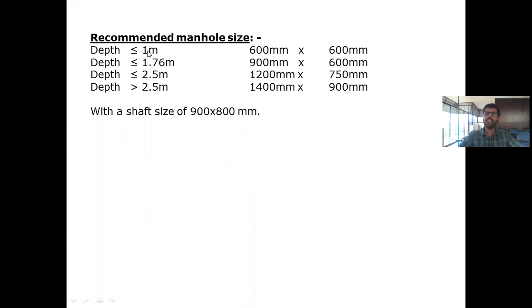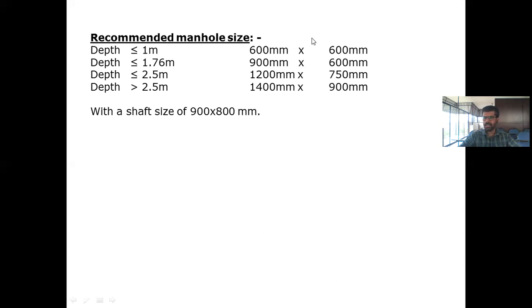So depending upon the height, the manhole sizes can differ. If it is less than or equal to 1 meter, 600 into 600. If the depth is greater than 1 meter and less than 1.76, it is 900 into 600, and if it is less than 2.5, it is 1200 into 750 mm.